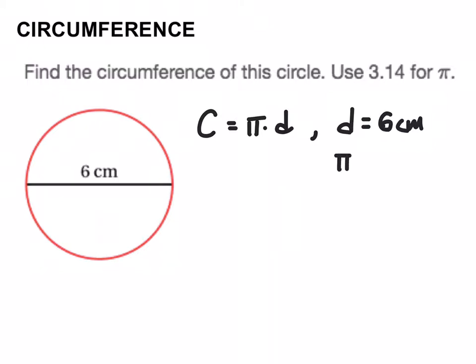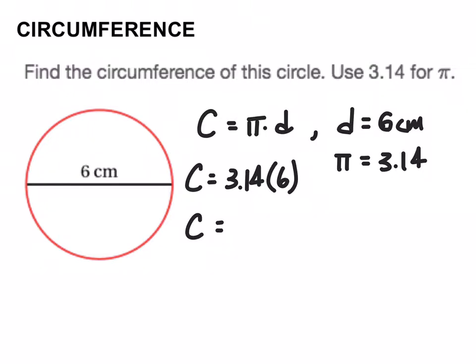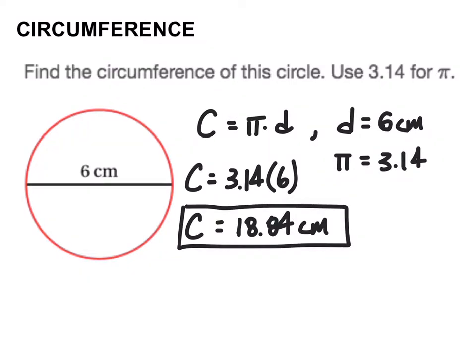I plug each of those into my formula, so my circumference is 3.14 multiplied by 6. If we do that math, 3.14 times 6, we get 18.84. This is in centimeters because we're dealing with the distance around the circle.